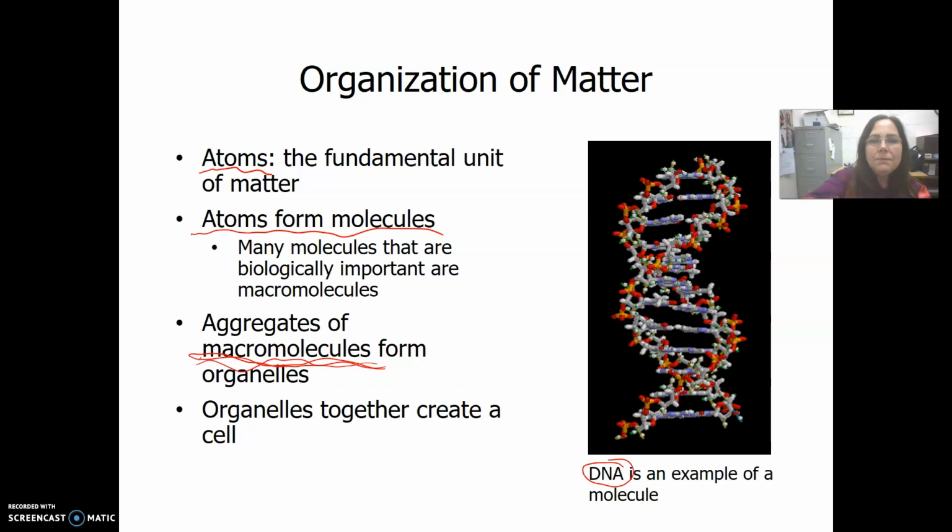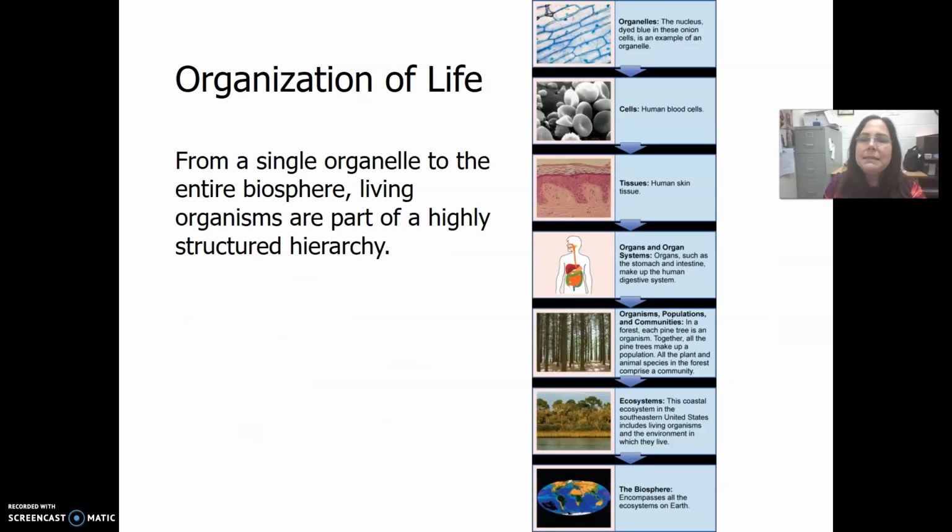And then macromolecules form organelles, which is another word for little cell parts that help the cell function. This is a list of the organization of living things, starting with organelles, moving all the way to the biosphere. So make sure that you learn this list in order.